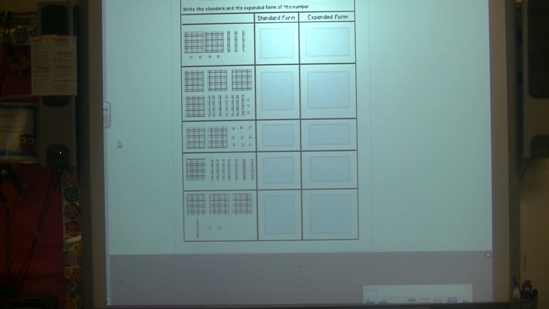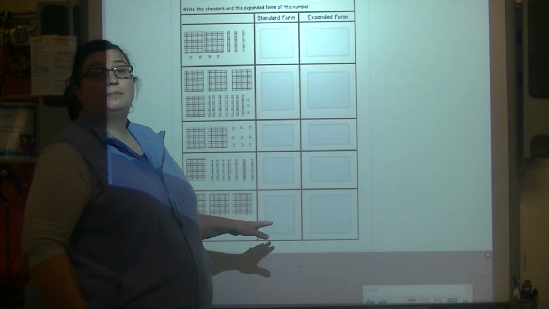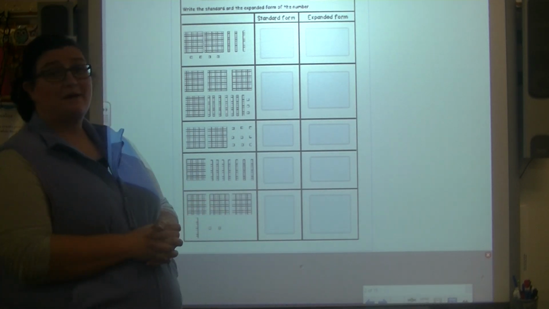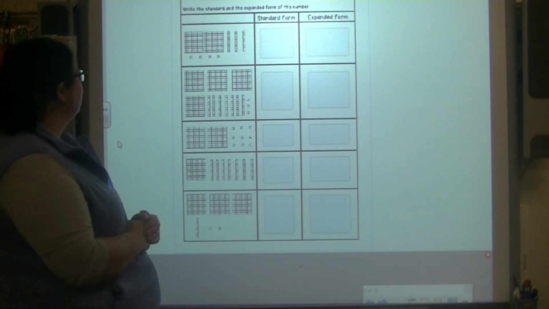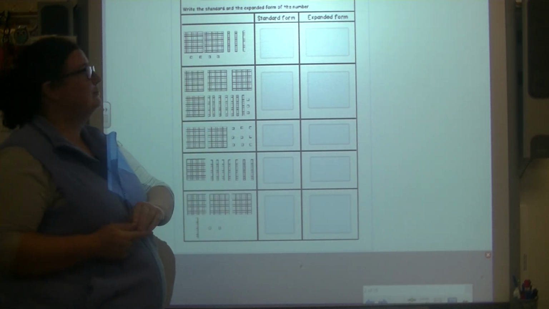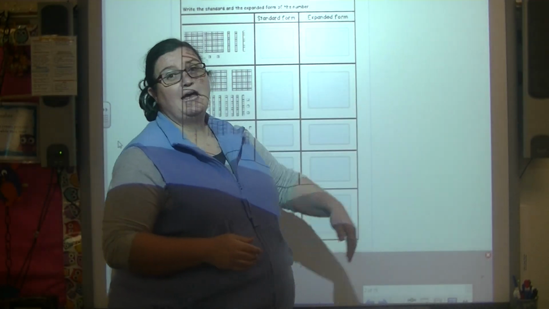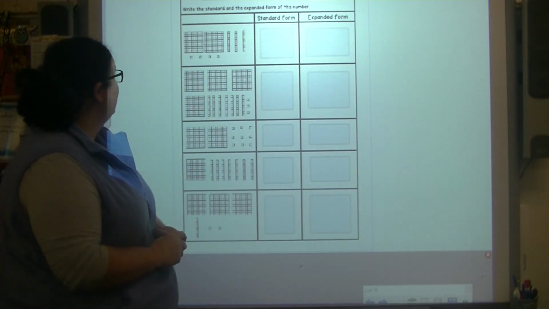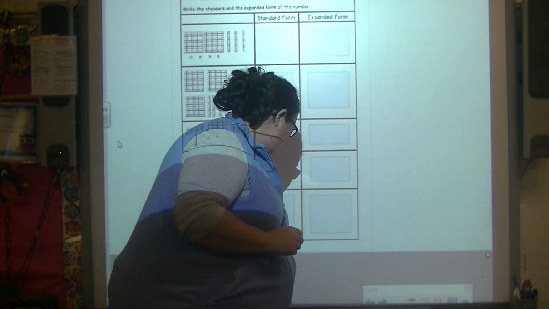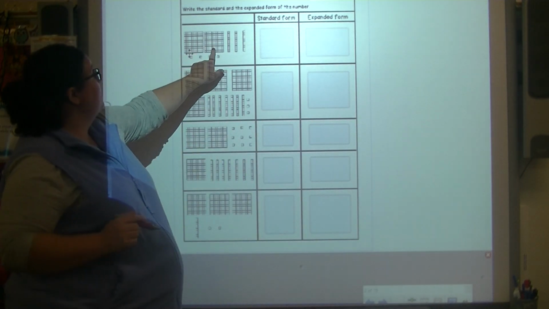Okay, so this is the page you completed yesterday on TPT, once Ms. Byers attached the right one. Okay, so let's use our base 10 blocks to write the standard form and the expanded form. All right, how many groups of 100? 1, 2.